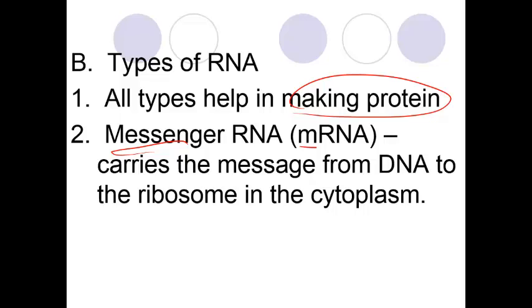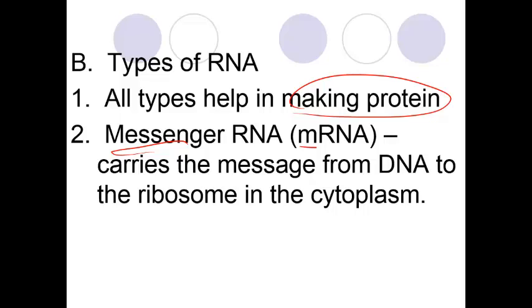So the DNA itself cannot leave the nucleus. It's kind of stuck there. It's a good secure place for the DNA to stay since it holds all of our genetic information. And the messenger RNA is kind of the go-between. So it can go get the coded information from DNA and take it to the ribosome, which the ribosome's job then is to make that protein.